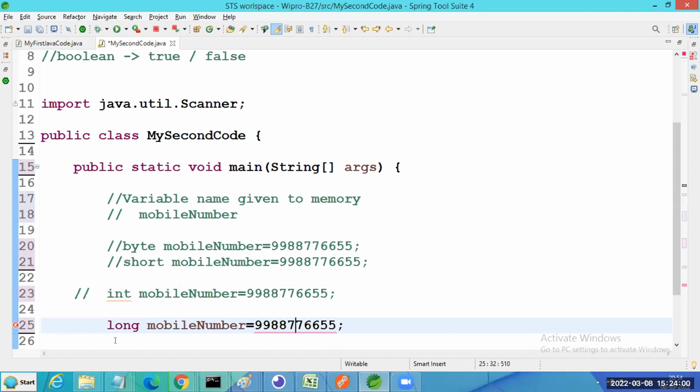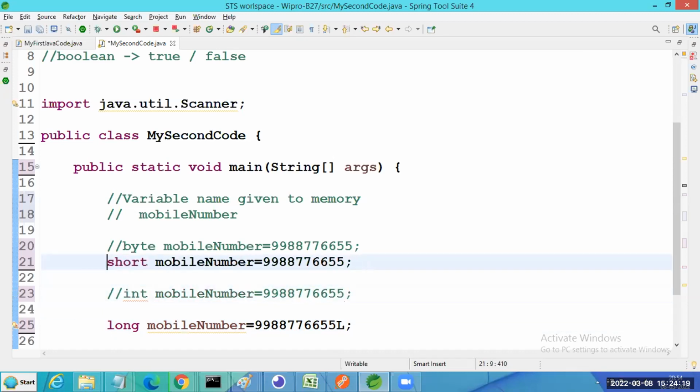The reason is when I have a long number, I have to write it with L. Then you might be thinking for integer, it should be I. Nothing like that. For short, yes. But this can be stored, right?